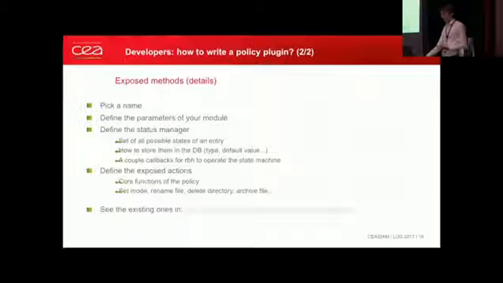And define the exposed actions. So, I was mentioning examples before, like HSM archive, unlink, remove dir, etc. There are a couple of examples in the src/modules directory of Robinhood on GitHub if you want to have a look.